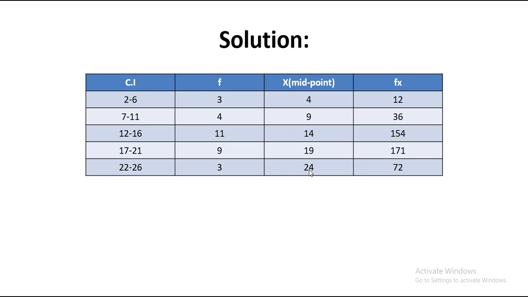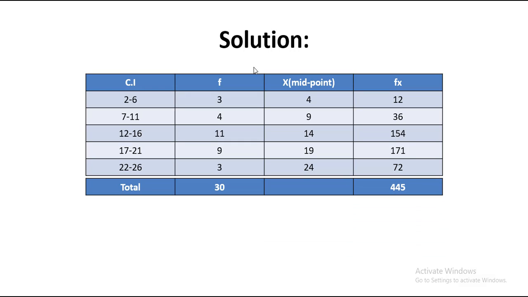I'm going to calculate all the midpoints, and after that we will calculate fx. Now 3 into 4 is 12, 4 into 9 is 36, 11 into 14 is 154, 9 into 19 is 171, and 3 into 24 gives me 72.